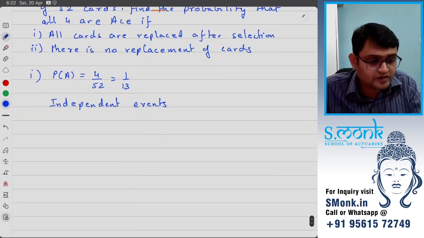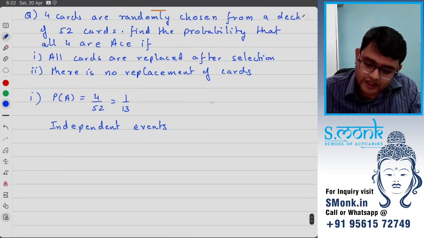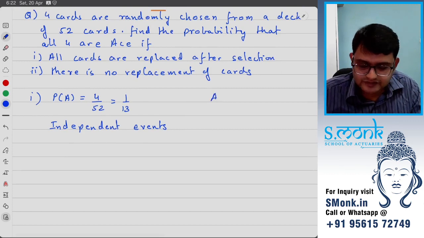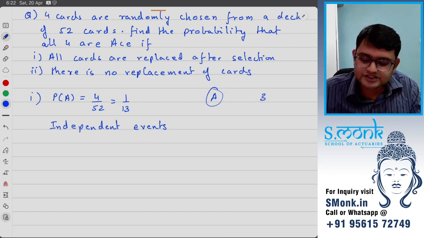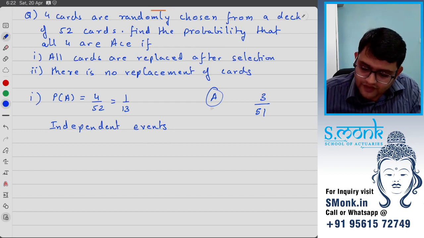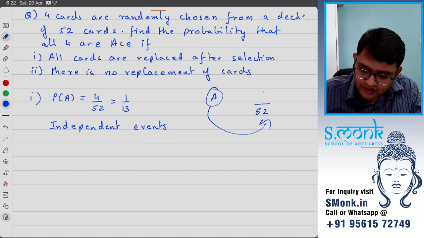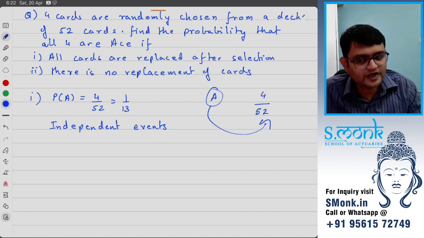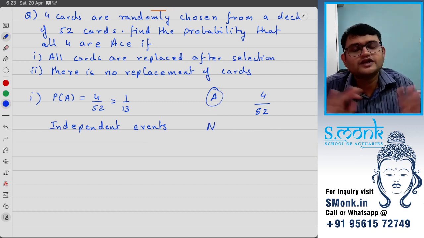Sir, could you please explain it again? If we replace them, why is it independent? See, let's say my first card was an ace. Then in the deck there are 3 more aces now, and the total number of cards in the deck is 51. But if I replace it back inside the deck, now I have 52 cards and 4 aces, so 4 by 52. Now what if in the first card I do not get an ace?